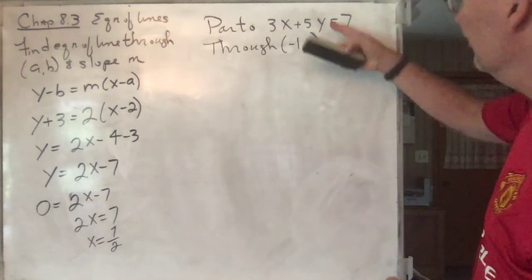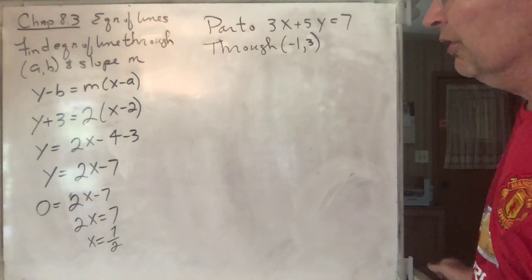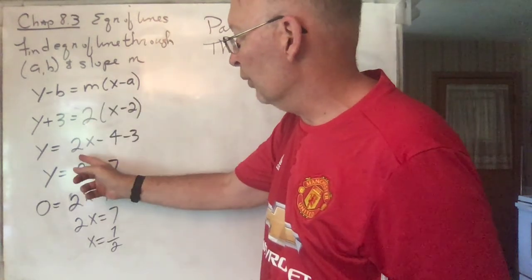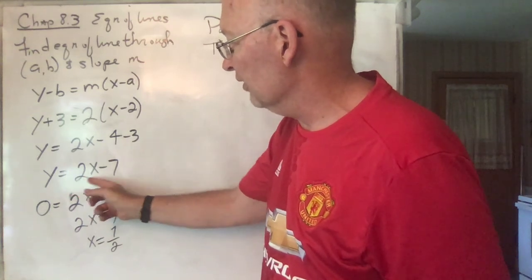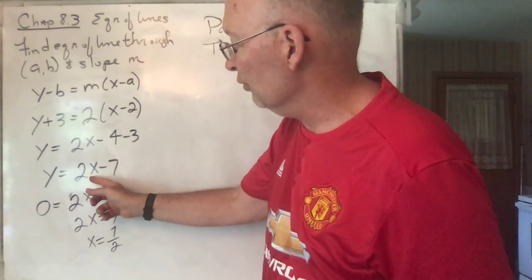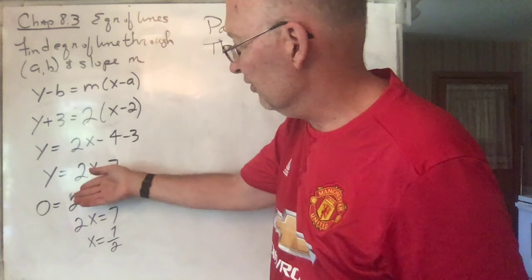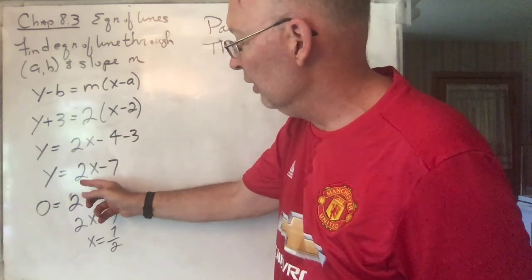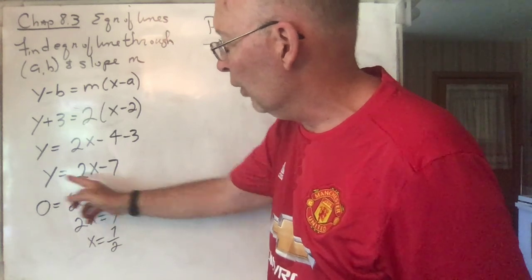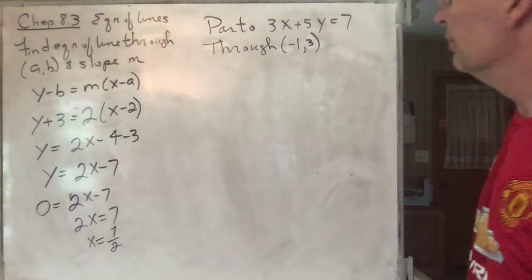So I need to find the slope of this line. Notice the slope of any line is what you get when you basically solve it for y. It's the thing in front of the x, because that tells you how the height is changing as x changes. This slope is 2, because when x changes by 1, the y is going to change by 2.